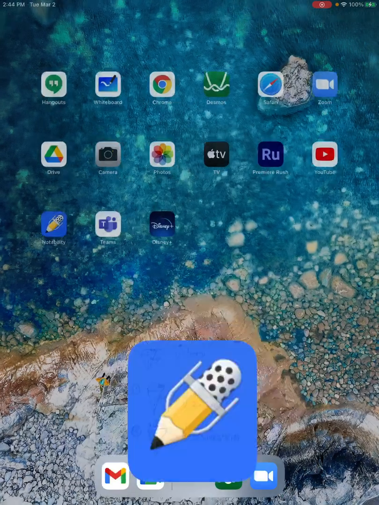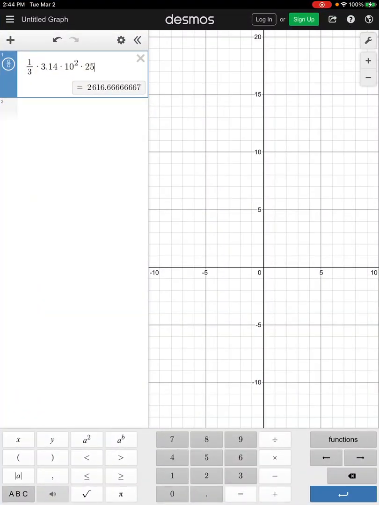I go over to my calculator, and I already have the 1/3 times 3.14 in, so I'm just going to backspace. You don't have to do this. You can start fresh every time if you want to. So matter of fact, let me do that one more time so you can see how I got that 1/3.